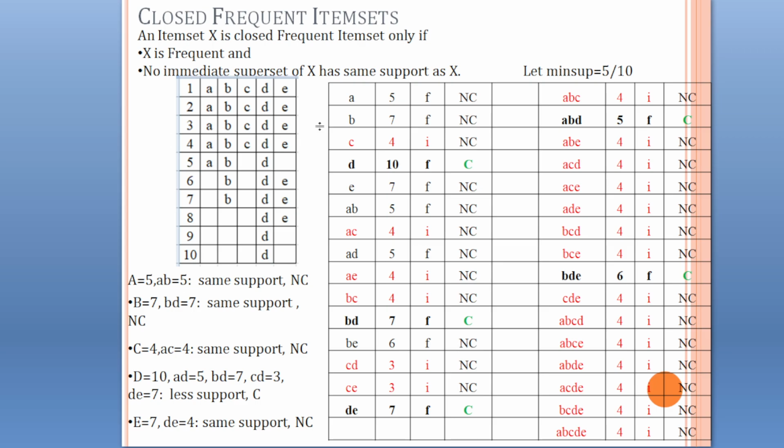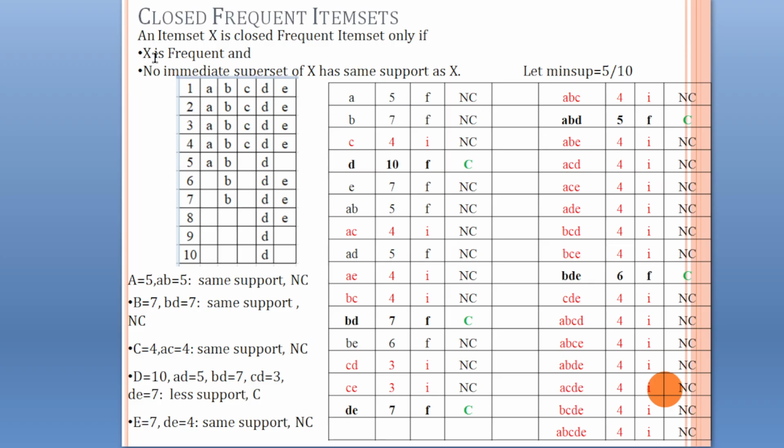Then the next step is to calculate whether they are closed or not closed. For an item set to be closed, the condition is it should be frequent. That means definitely this should be F, and wherever it is infrequent, we can directly write not closed. So what we have to judge is, if it is frequent, then check whether it is closed or not closed.